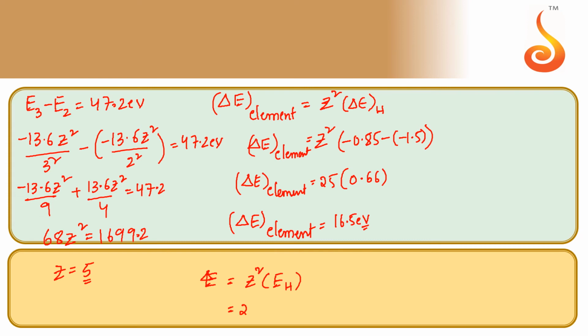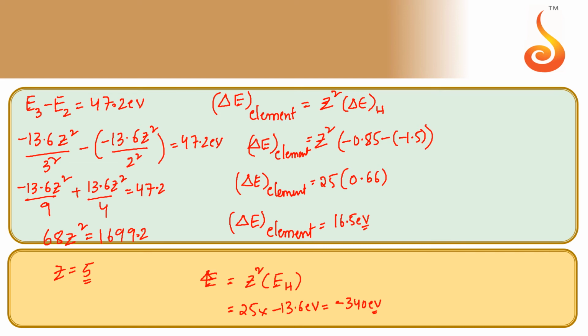So Z square is 25 into the energy of the electron in the hydrogen atom, which is minus 13.6 electron volt. So what we get here is minus 340 electron volt. So this is the amount of energy the electron possesses in the ground state for the given atom.